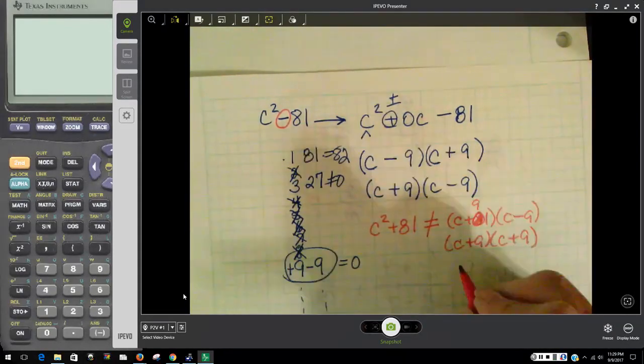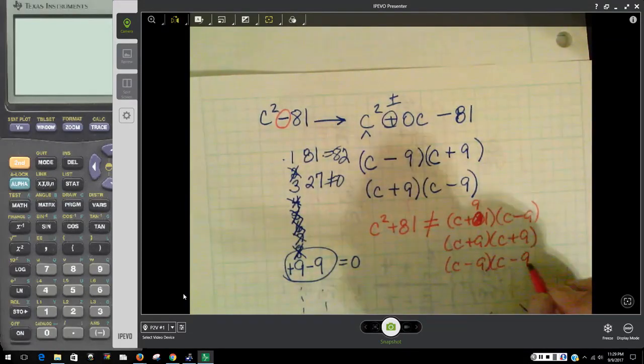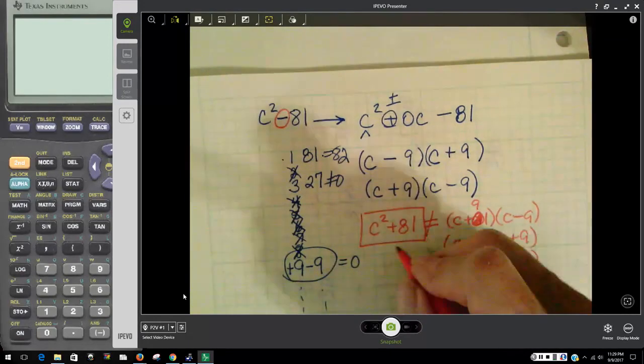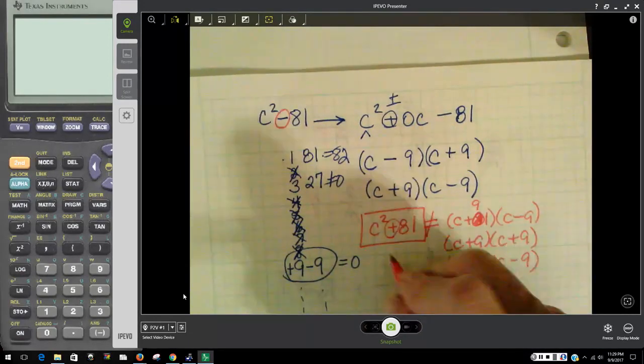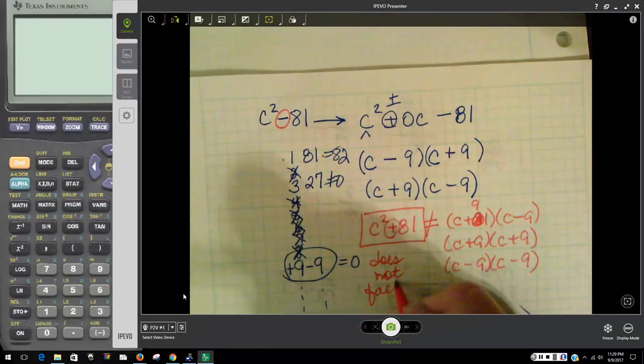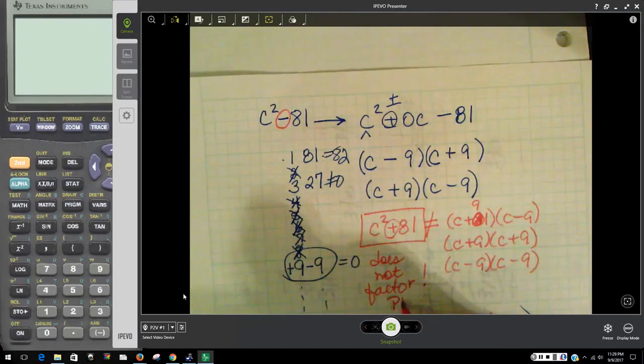It doesn't factor into c minus 9 and c minus 9. c squared plus 81, the sum of two perfect squares, does not factor. And in fact, we call it prime.